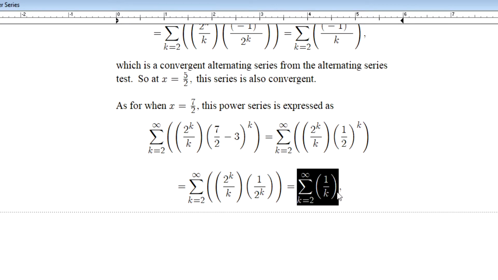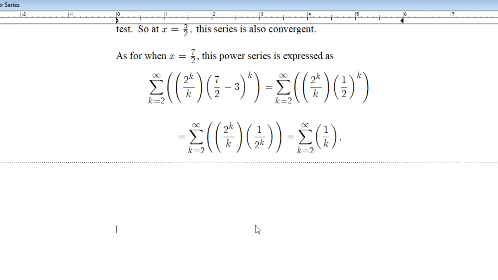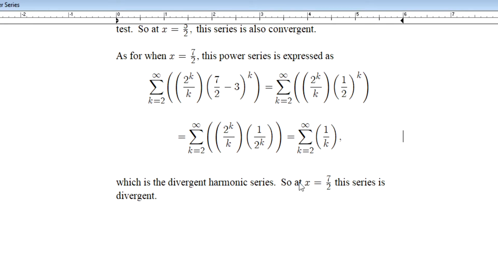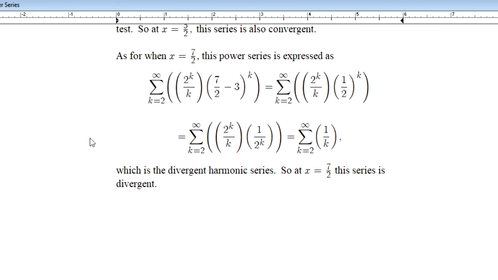And what we know about harmonic series from the integral test is that they are a divergent p-series. This is a case where p equals 1, and that is the case for divergence in a p-series. The harmonic series diverges. The alternating ones converge, but the non-alternating cases diverge, right? So at x equal to 7 halves, this series is divergent. It is this divergent harmonic series.